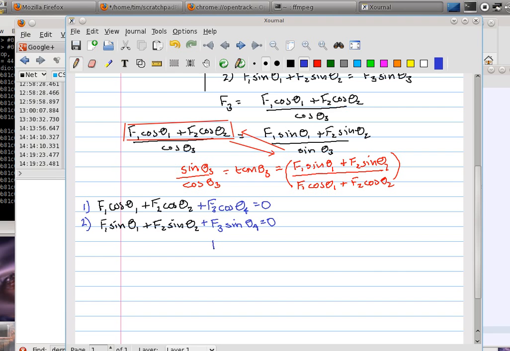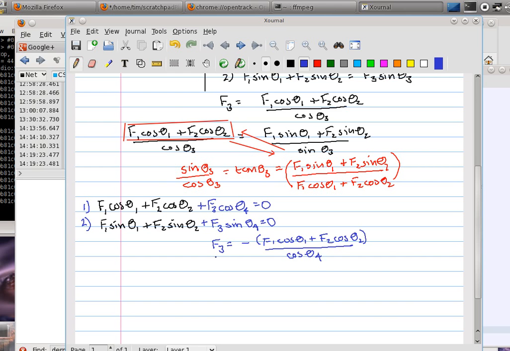So if we solve the first equation for F3, it's going to look like this: negative, parentheses, F1 cosine theta 1 plus F2 cosine theta 2, and all that is going to be over cosine theta 4.